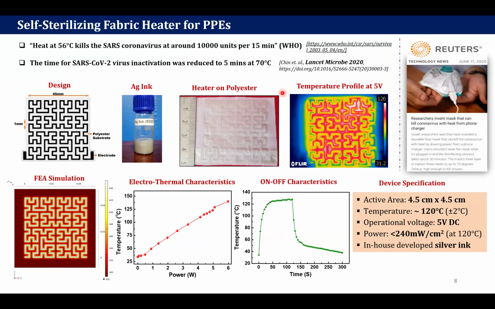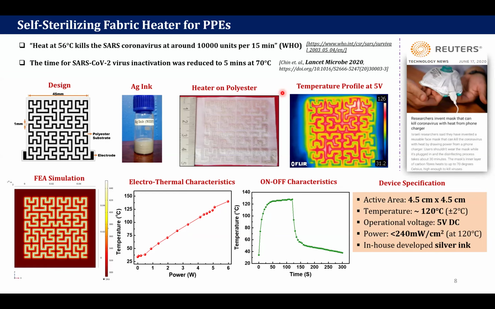Almost at the same time, an article appeared in Lancet Microbe in 2020 stating that the SARS-CoV virus inactivation time can be reduced to 5 minutes if you elevate the temperature from 56 to 70 degrees Celsius. At the same time, a group of researchers from Israel came up with a face mask technology where they were using carbon fibers for heating the face mask.